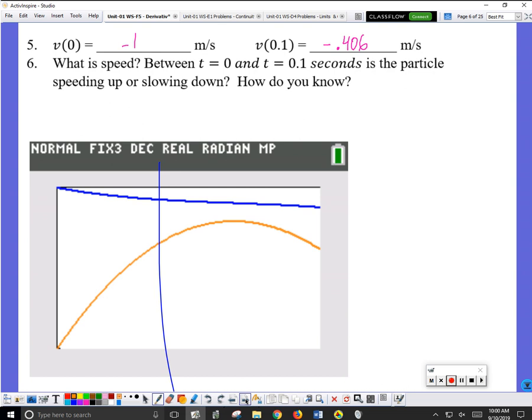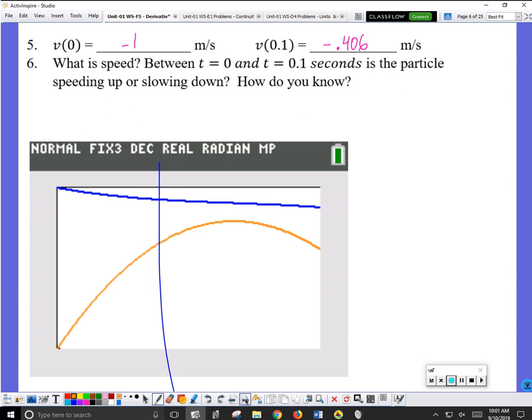What he meant was the velocity graph, so it only applies to velocity. So here's velocity. This velocity is negative 160, then negative 140, negative 120, etc. What's the speed?